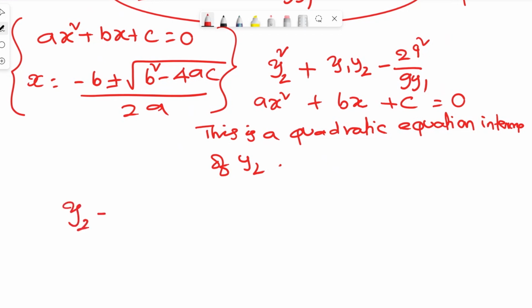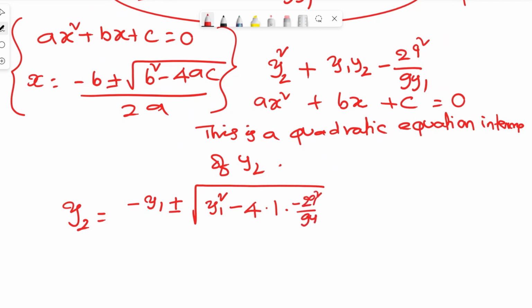Right. So now y2 is equal to, minus b means it is minus y1, am I right? Plus or minus square root of b square, y1 square, minus 4, a is 1 into c is minus 2q square by gy1, this by 2 into a, a is 1.